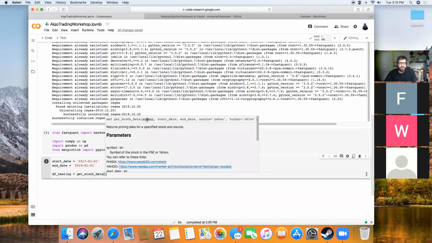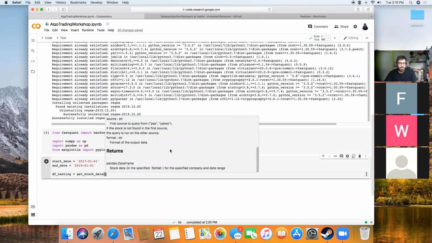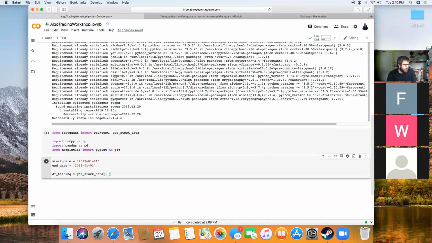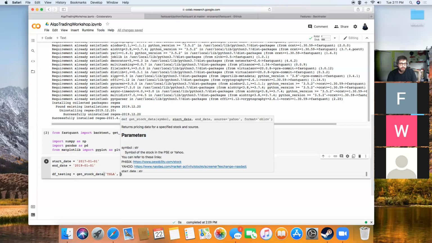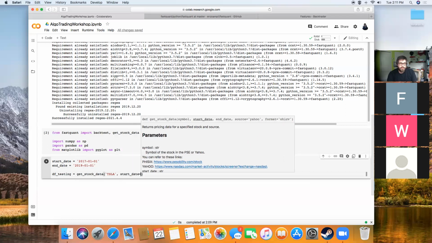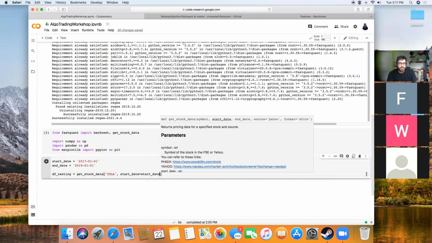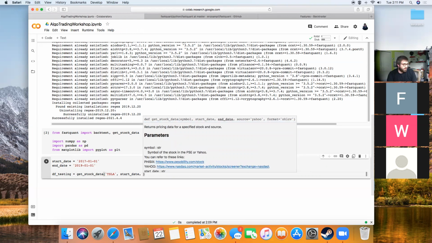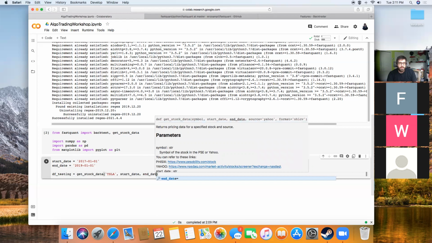What this takes is the symbol for the stock, the start date and the end date, and the source by default is Yahoo. I don't really know what this format is, but if you look at the documentation, you might find something. I think it is open, high, low, close, and volume, the OHLCV format. Yeah, that's true, I saw that in the data. So we'll start with the symbol for Tesla, the start date would be the start date that we specified here, and the end date will be the end date.